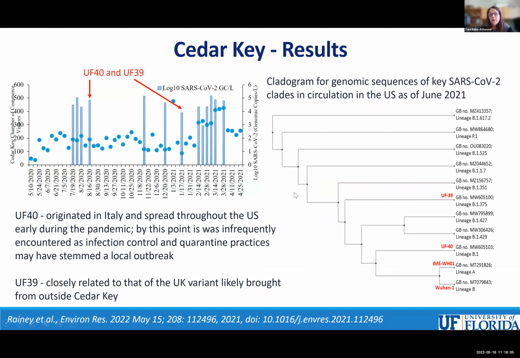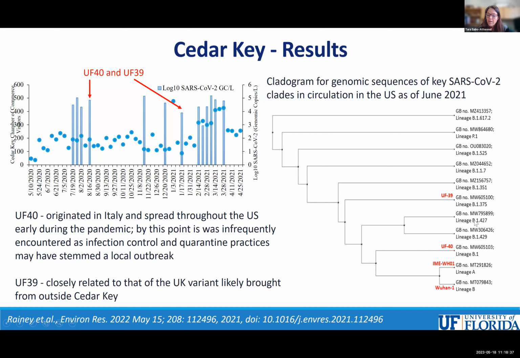We also were able to sequence some of the samples for variants, not all. During the pandemic, we heard a lot about the Delta variant, then the Omicron variant and so forth. I'm not going to spend too much time on this slide, but on the right-hand side, I'm showing a cladogram that lines up different variants as they were sequenced, and this shows how they compare to each other.